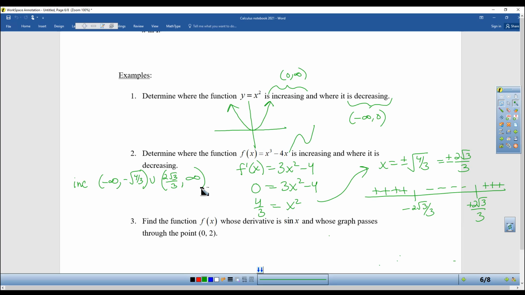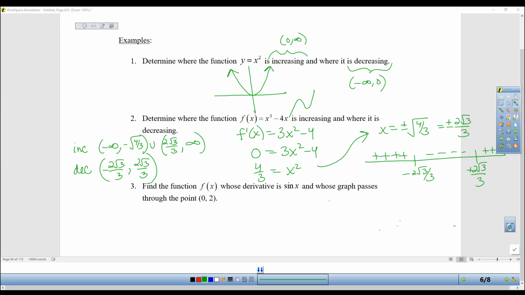This is not what I'm being fussy about. I do want you to get the intervals, though. And it's decreasing from negative 2 square roots of 3 over 3 to 2 square roots of 3 over 3. Okay, so we've already done this in past sections, but it's coming up again because it's a corollary to the mean value theorem.